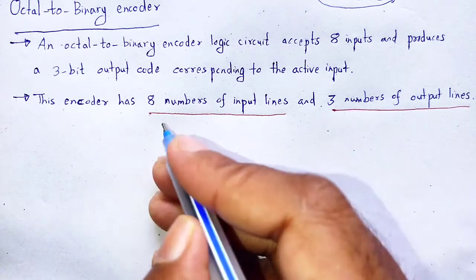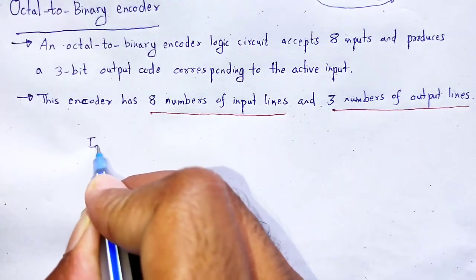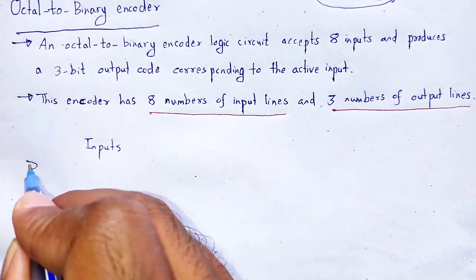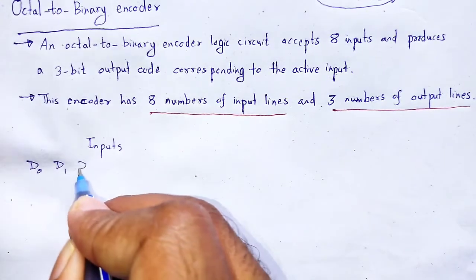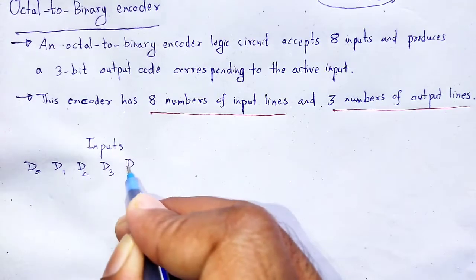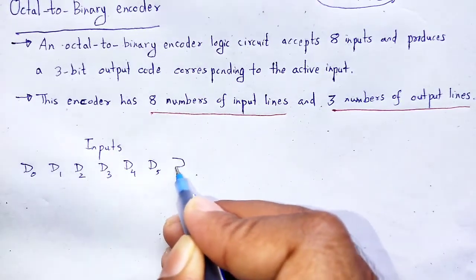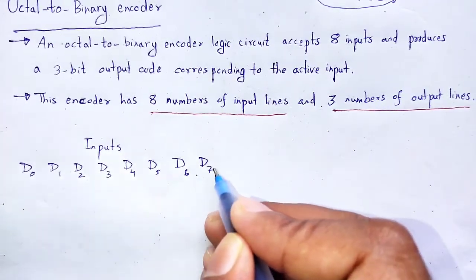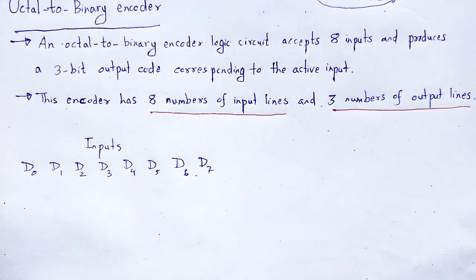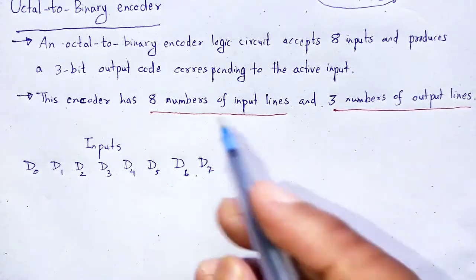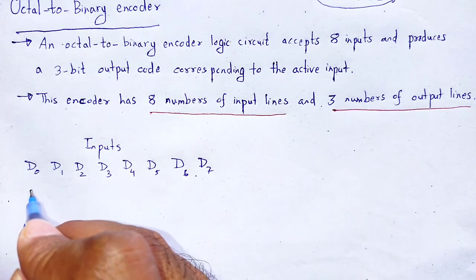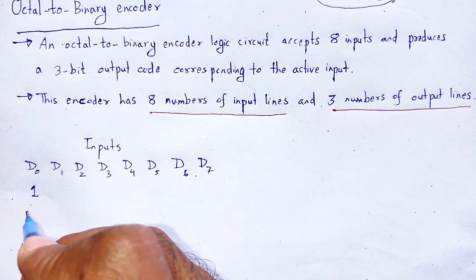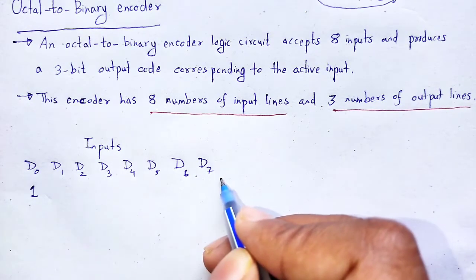In the truth table, you see 8 inputs. Let the inputs be D0, D1, D2, D3, D4, D5, D6, and D7. If D0 is 1, all others will be 0.